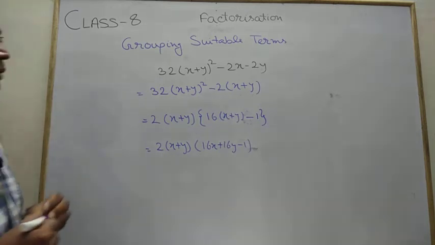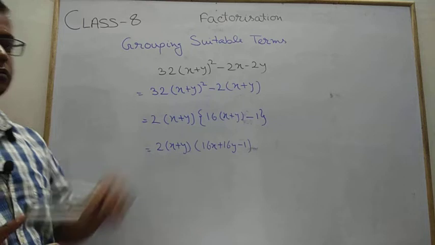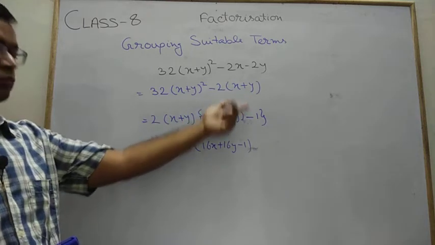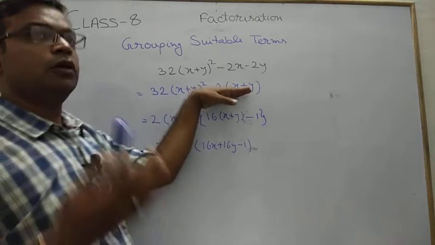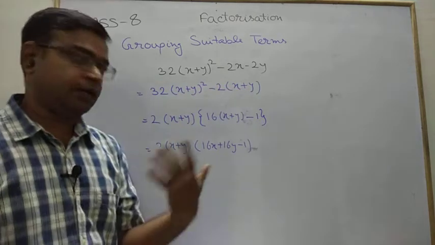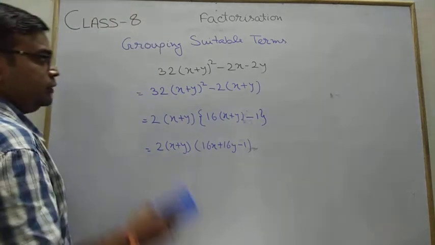So this is one of the solutions. Need not be confused about seeing this type of question. Make them into groups, and once you are able to make the group, you are able to find the factors of the given expression.